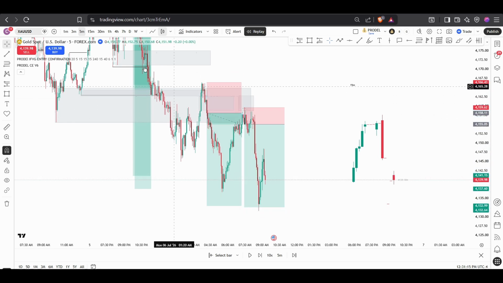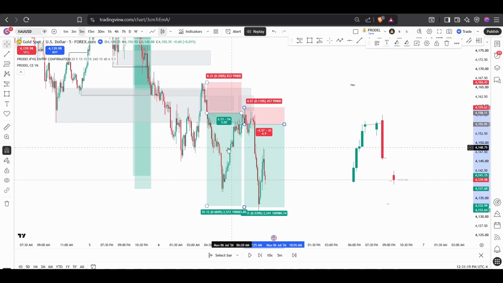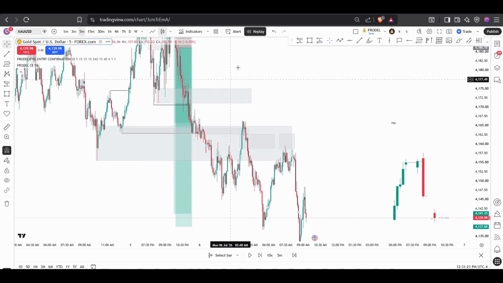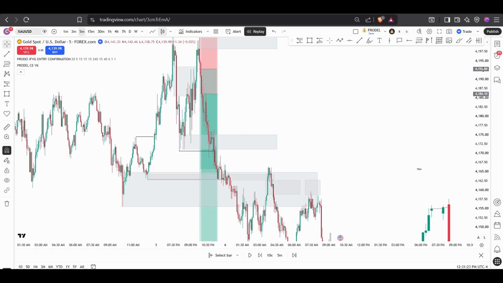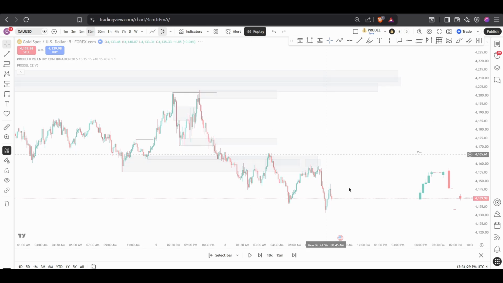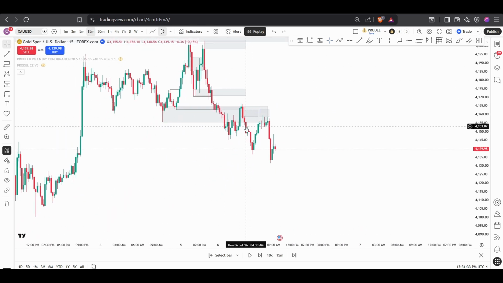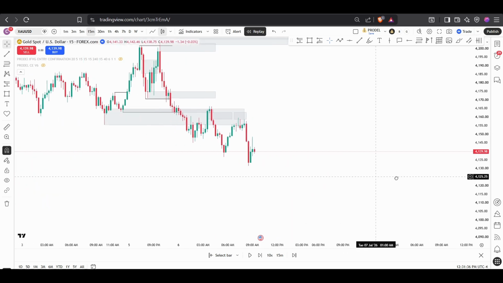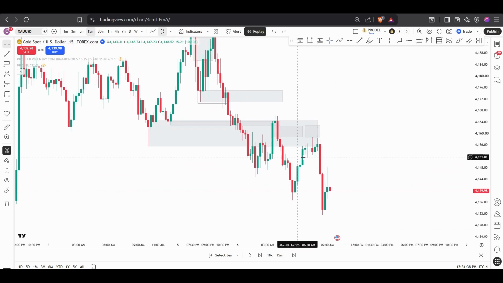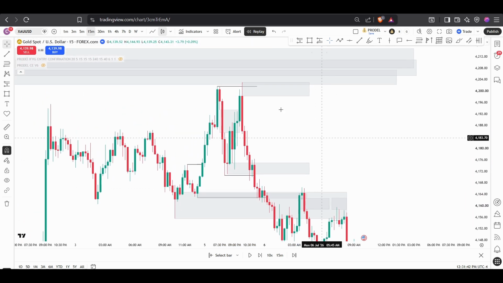If you take the 1 hour and 5-minute combination, there are basically 2 trades here, and for the 15-minute and 3-minute combination, there is 1 trade.